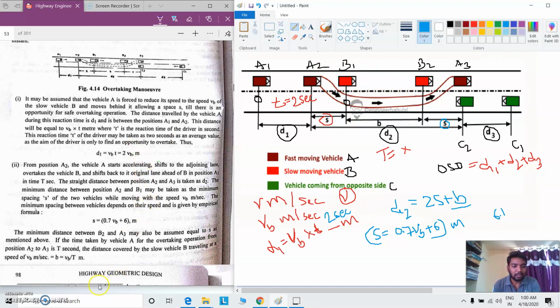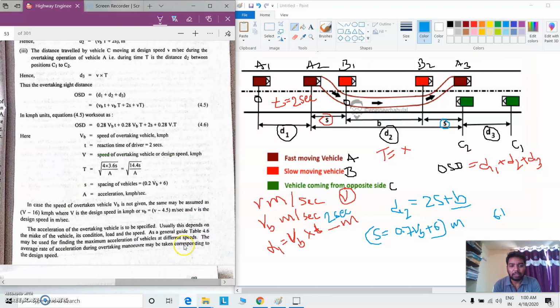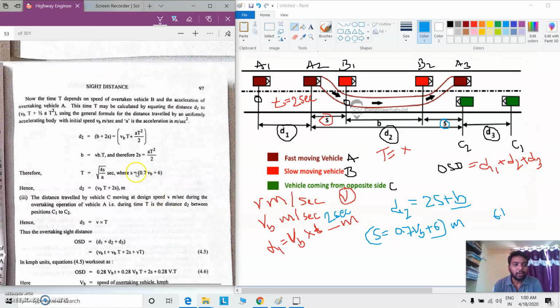Now t is the time taken by vehicle B to move from position 1 to position 2. This time t depends on the speed of the overtaken vehicle B and the acceleration of the overtaking vehicle A, that is, on the speeds of the overtaking and overtaken vehicles.